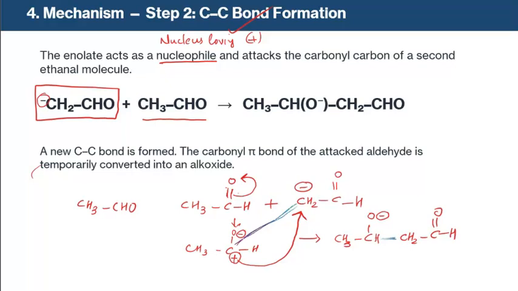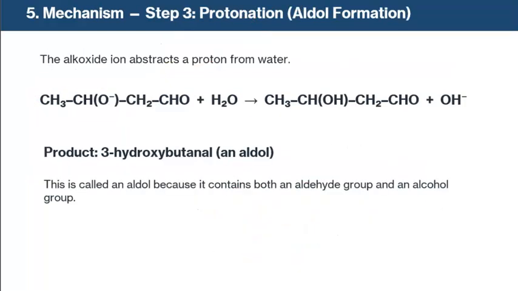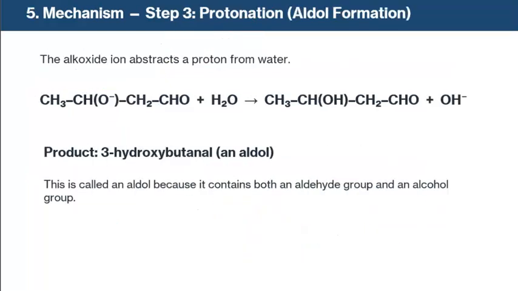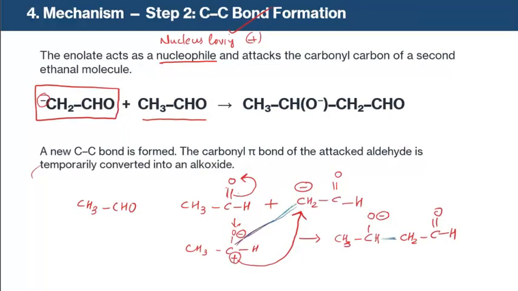Is it clear? Let's move to the third step, and this is my fifth slide, sorry. This is step 3, that is the aldol formation. What did you observe in the previous step? A new CC bond formation, or we can call it the alkoxide ion formation.